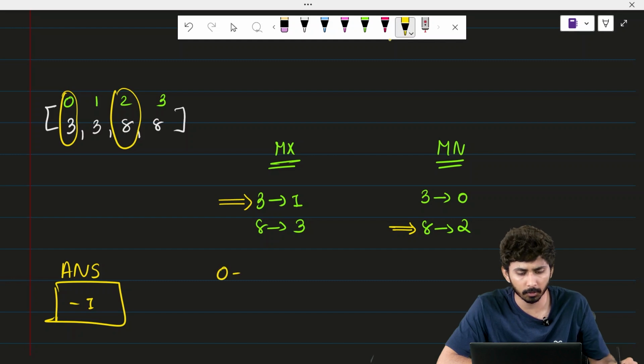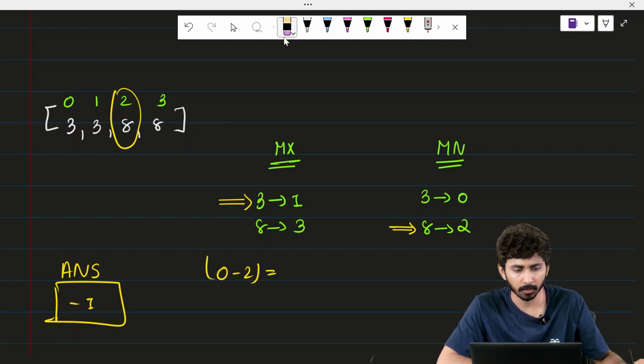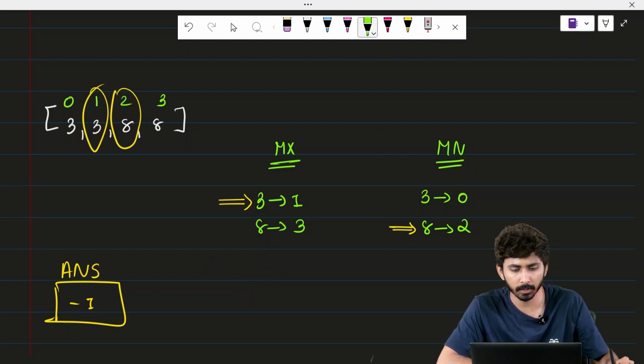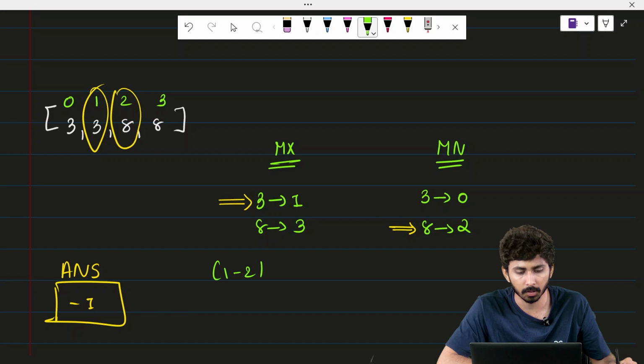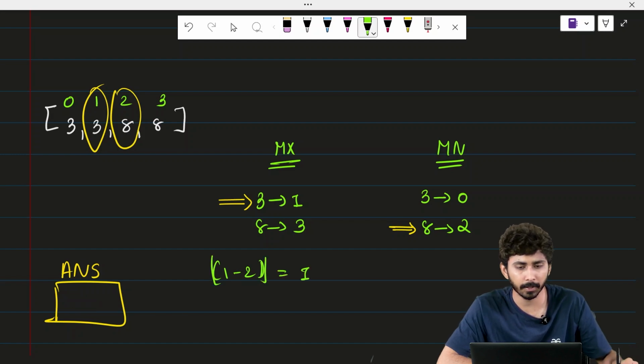No. This is the pair 1 and 2, so I will be getting 1 minus 2. So what is this? This is 1. So obviously the answer is -1, so 1 is greater than the answer. Okay, fine.